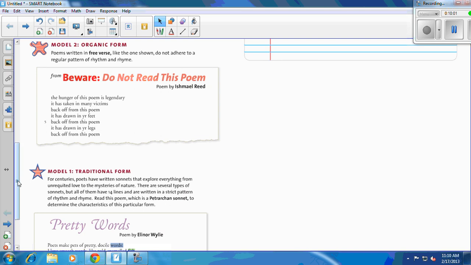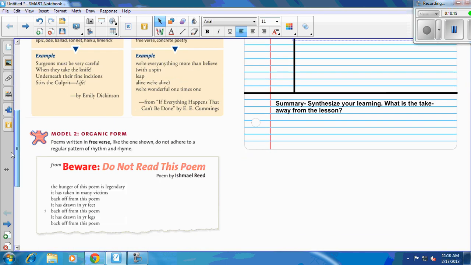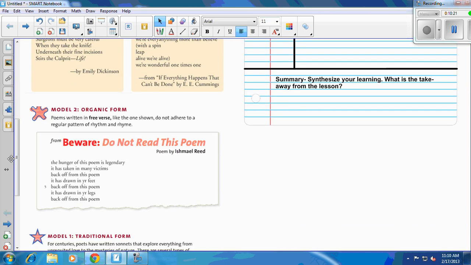Okay, so I can write down that an example of organic poem is free verse. And something I noticed about this poem is that when I'm reading an organic poem like this one, I can hear a little bit more of the poet's voice because they're not following any rules for grammar.